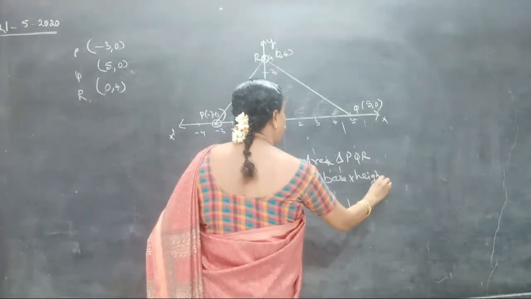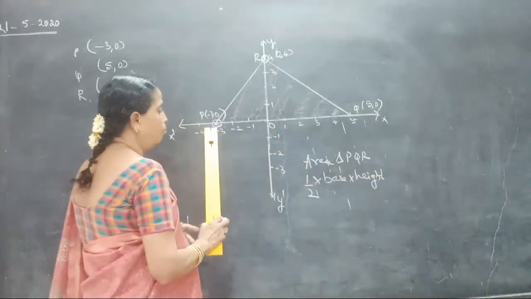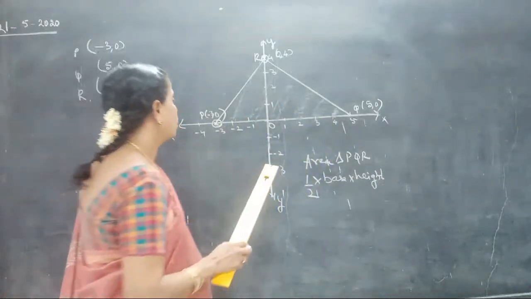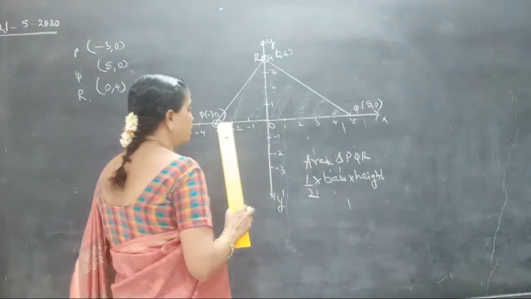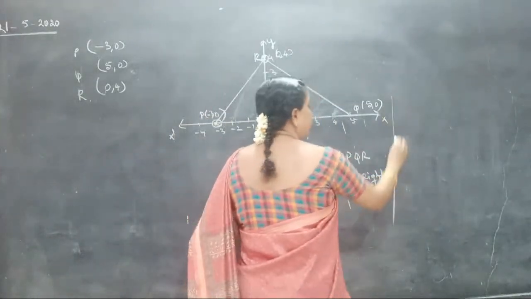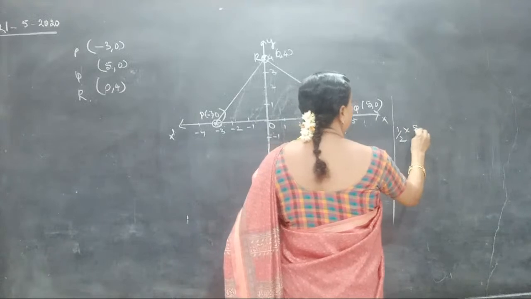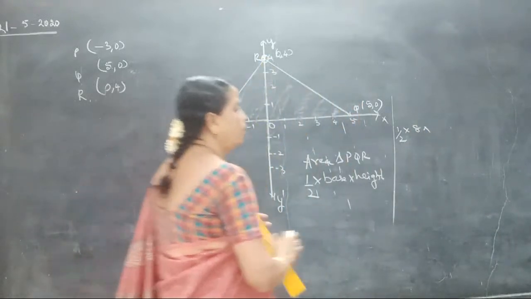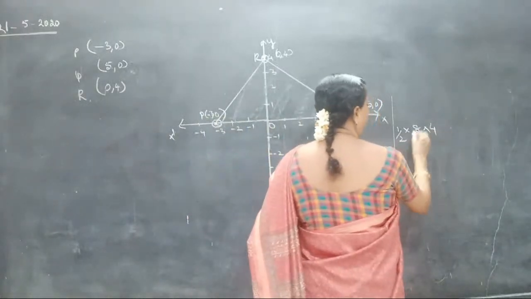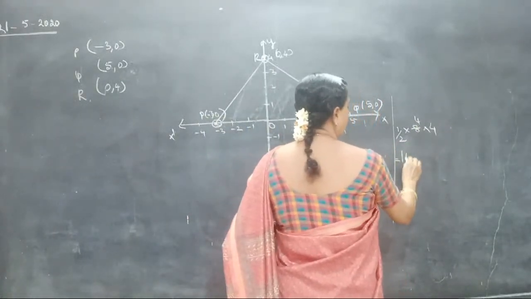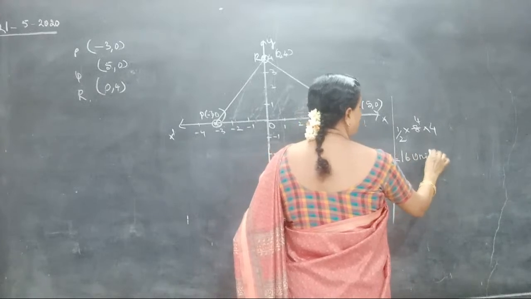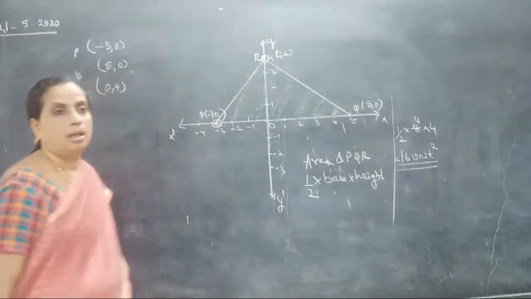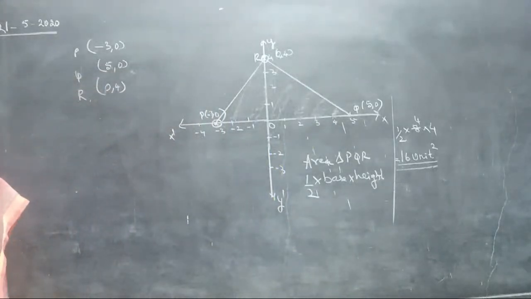On the Cartesian plane, we consider both negative and positive distances as positive values only. So the base is 5 plus 3, which is 8. Half into 8 into altitude, the height, is 4. Two 4s are 16 square units, or unit square. See the answer, square unit.